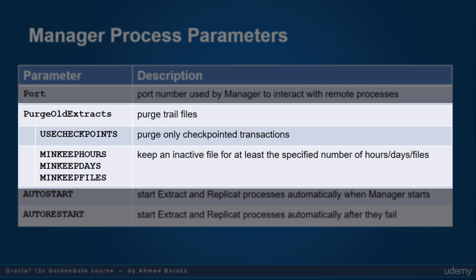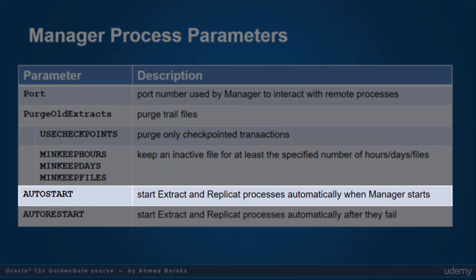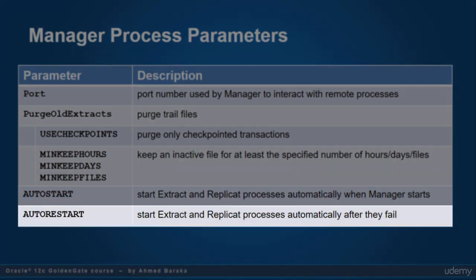Use only one of the min keep options. If you configure the auto start parameter, the manager will automatically start the extract and replicate processes when the manager starts up. If you configure the auto restart parameter, the manager will automatically try restarting the process after it fails.